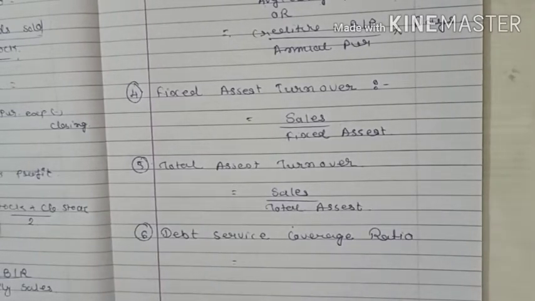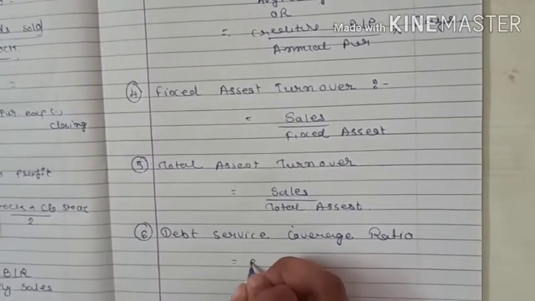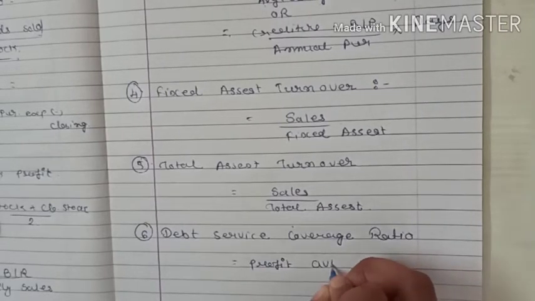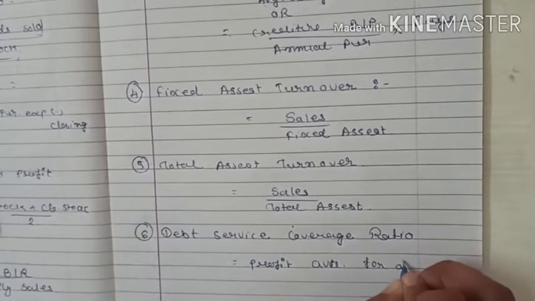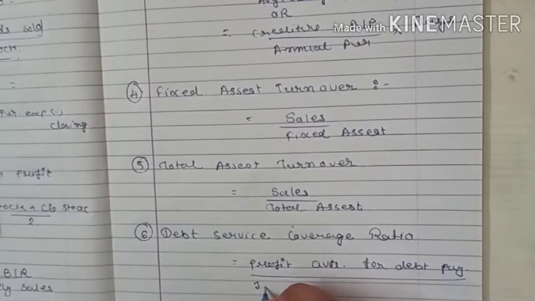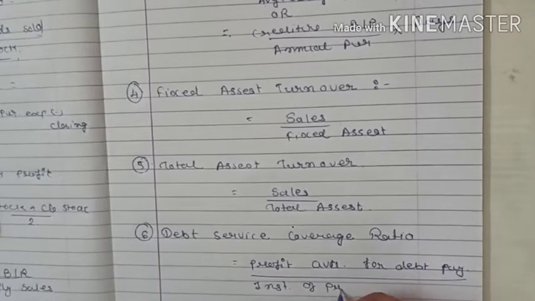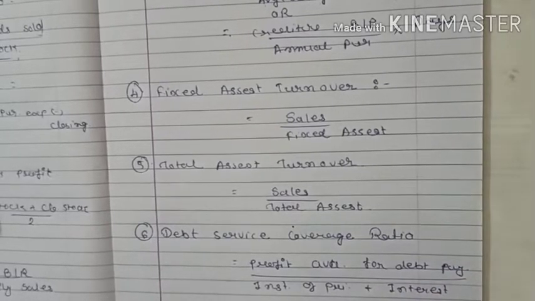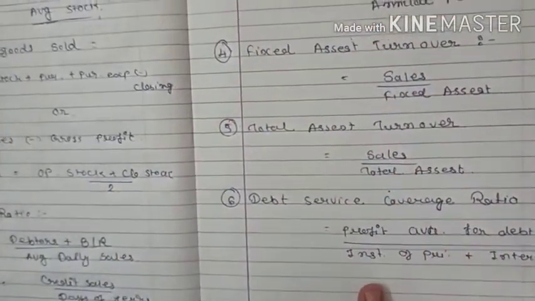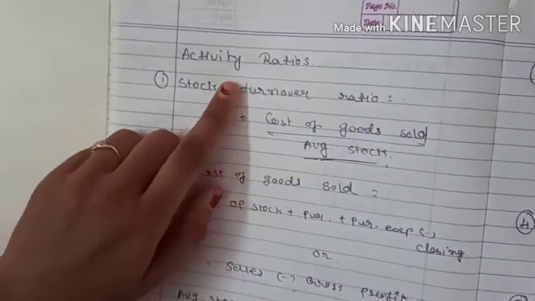Debt service coverage ratio is equal to profit available for debt payment divided by installment of principal plus interest. These are the 6 ratios, right?